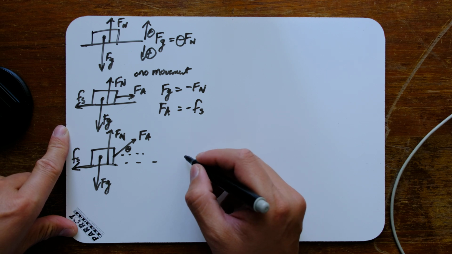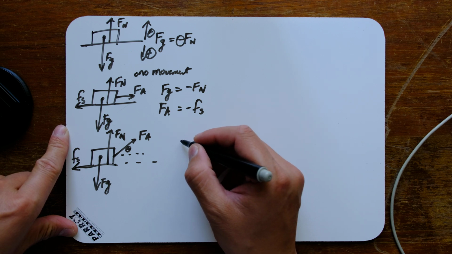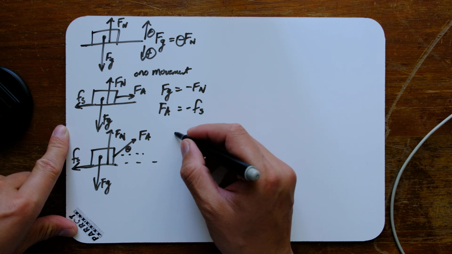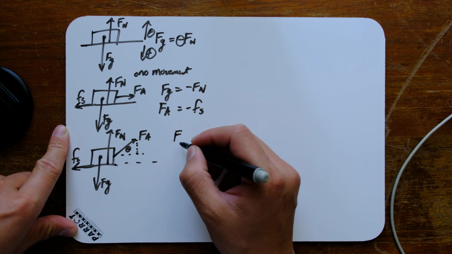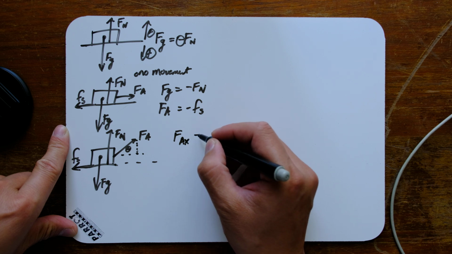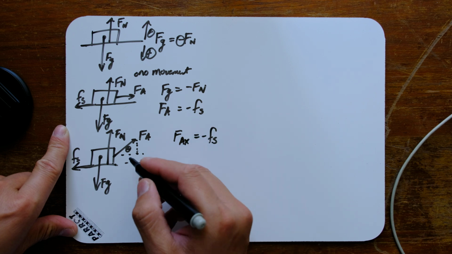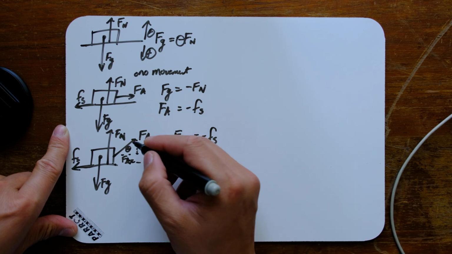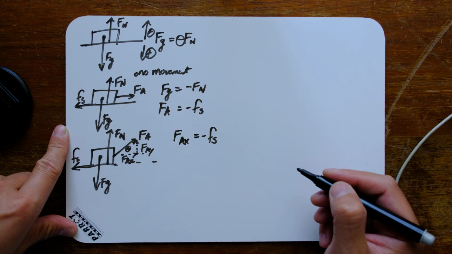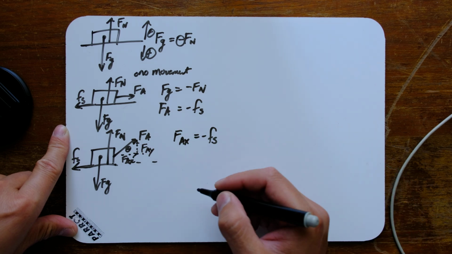Alright, but this time the interesting part is that yes, we can break this down into its components. So therefore the Fax is equal to negative Fs. That is fine because that is Fax over there. But we have Fay over here acting up and Fax acting right.